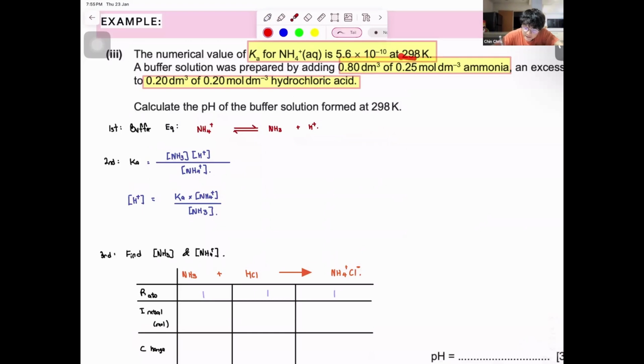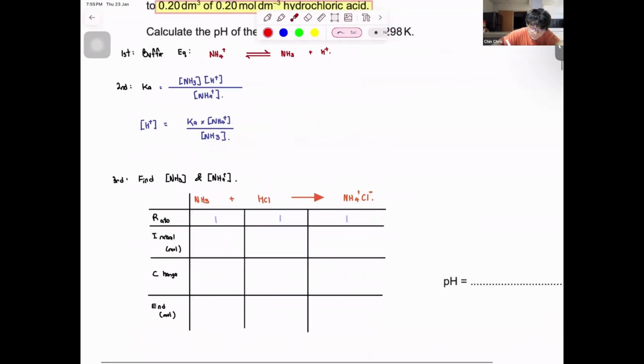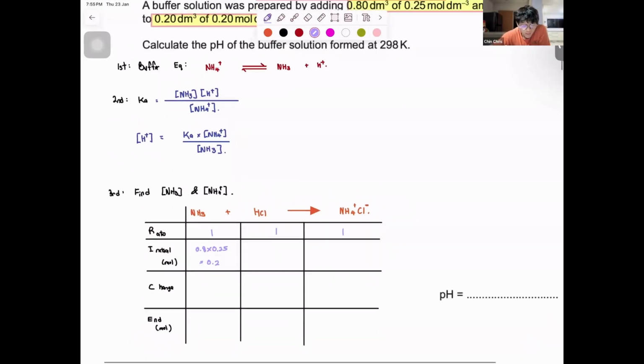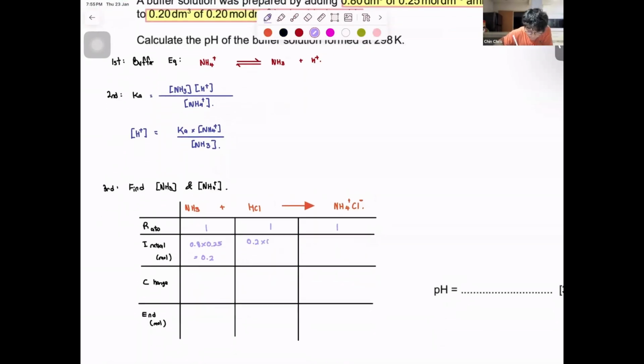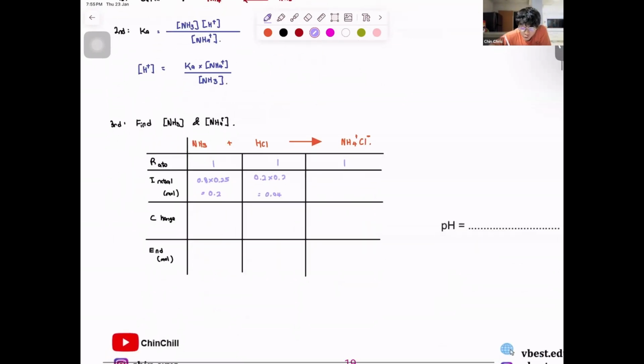Your initial mole is this amount, 0.8 times 0.25, right? How much is it? 0.2. All right. And guys, what about the mole of HCl? 0.2 dm³, 0.2. And initially, I do not have any NH4Cl. Understand?